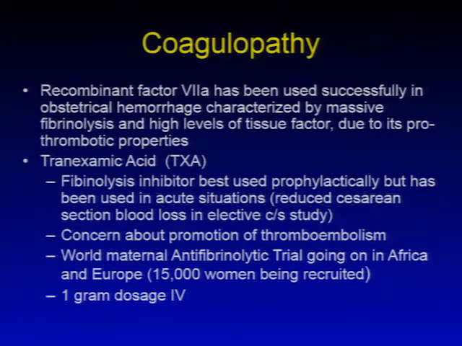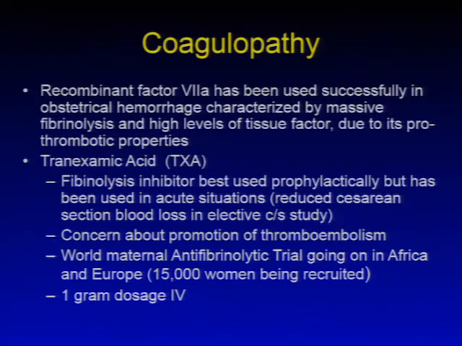Other things that have been utilized in severe cases of coagulopathy in the postpartum period have included recombinant factor 7A, but more prevalently tranexamic acid, which is a fibrinolysis inhibitor best used prophylactically, but has been used in acute bleeding.